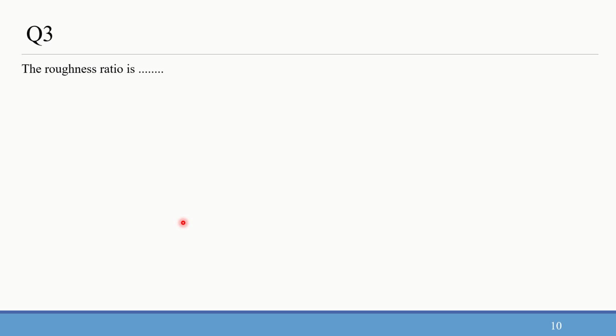Based on these two parameters, we will calculate the roughness ratio. With that note, I want to give you guys some time. Just epsilon you can find out from the material property.